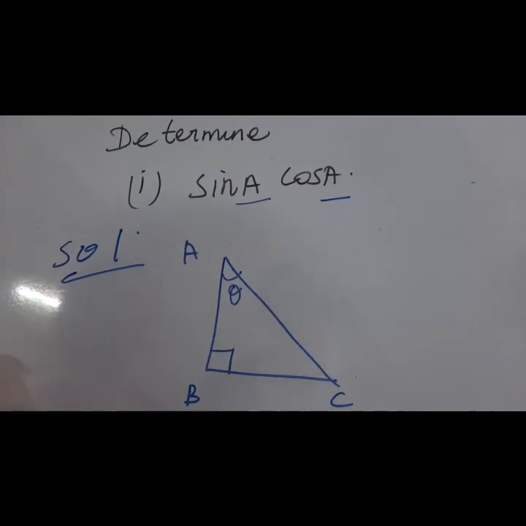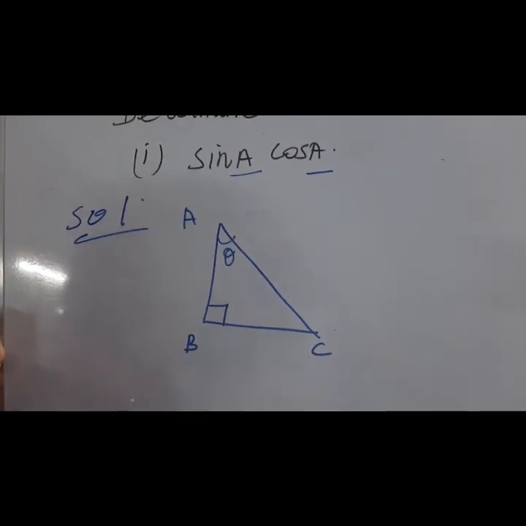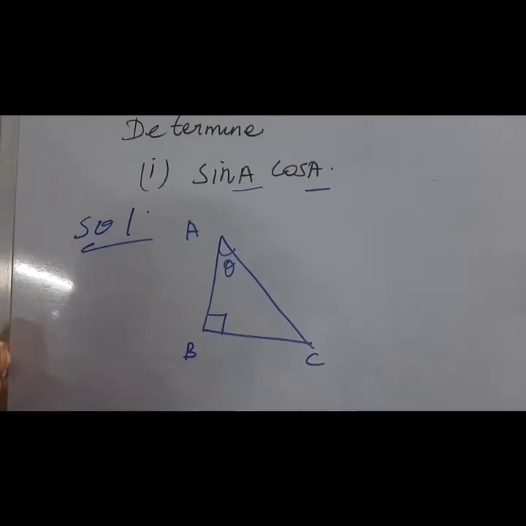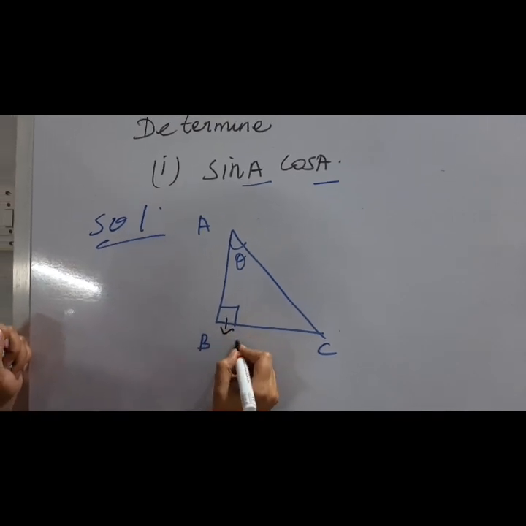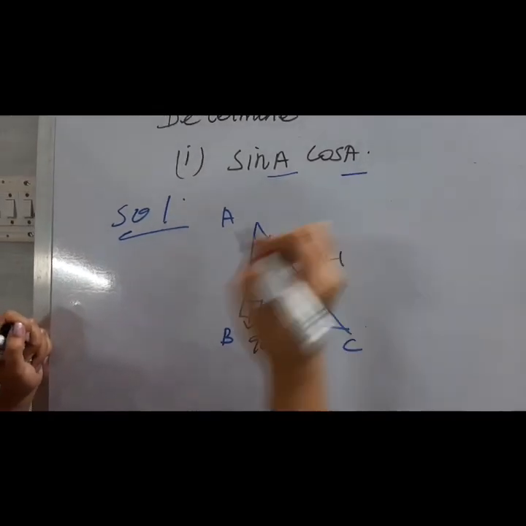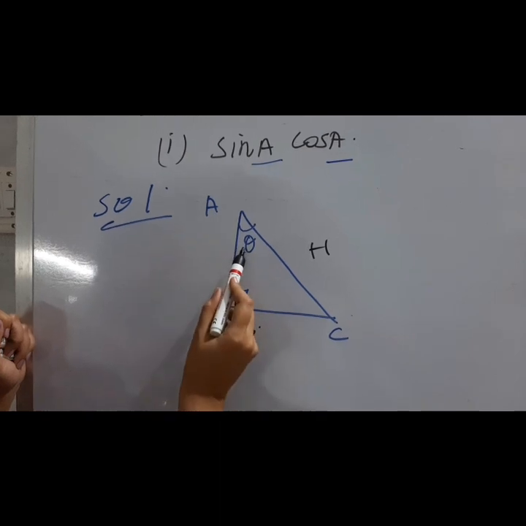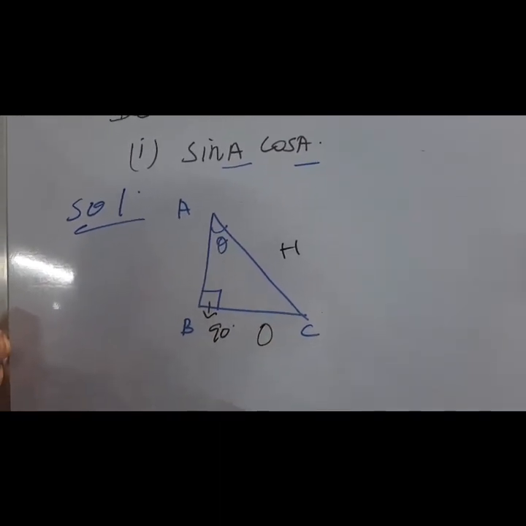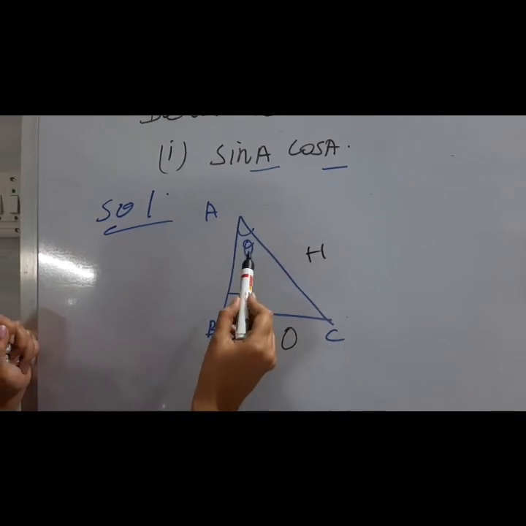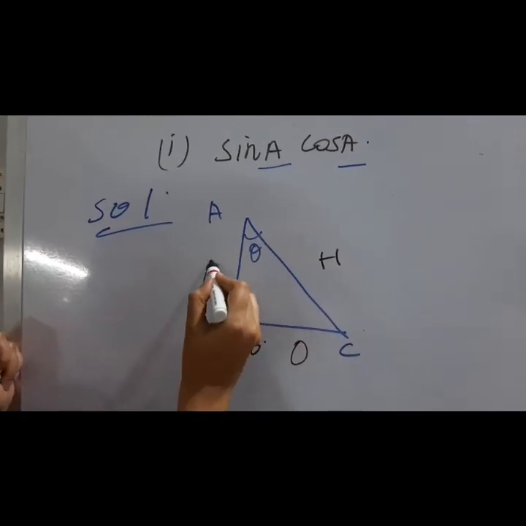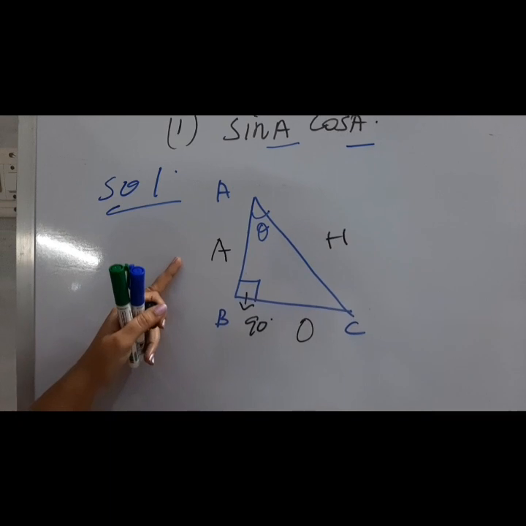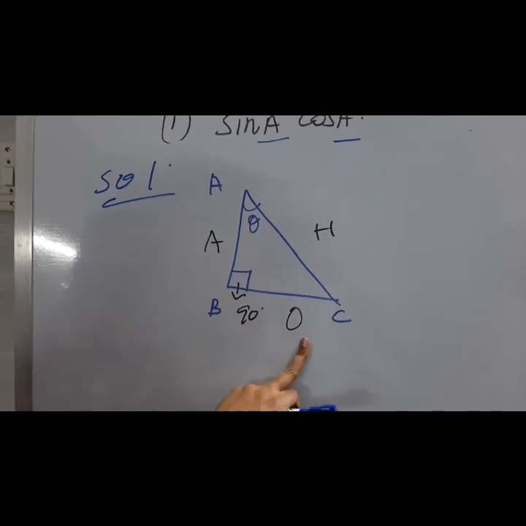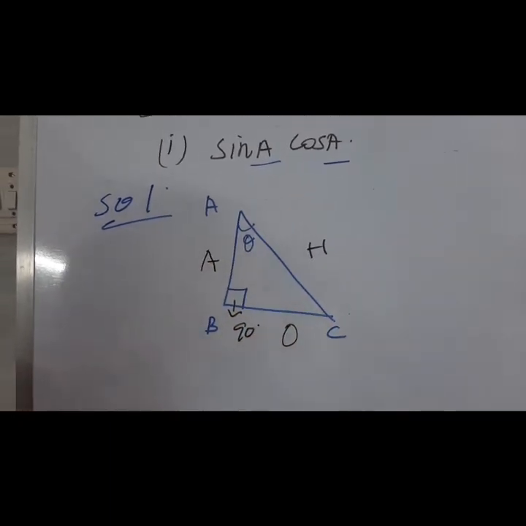Hypotenuse will never change for any right angled triangle. The side opposite to the right angle, 90 degrees, is the hypotenuse. For theta, BC is the opposite side, and AB is the side that includes the angle theta. So AB is the adjacent side, BC is the opposite side and AC is the hypotenuse.